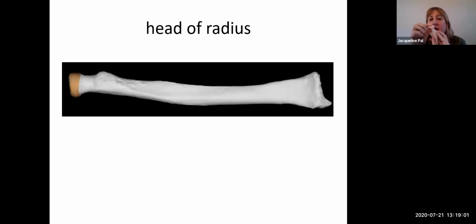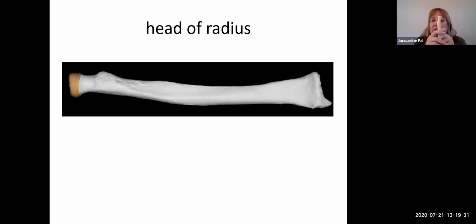So notice the head of the radius is flat and indented, and that is so that the capitulum fits right there. And so when both of these are moving against the humerus, the trochlear notch fits in the ulna, and the capitulum fits in the head of the radius for flexing and extending.